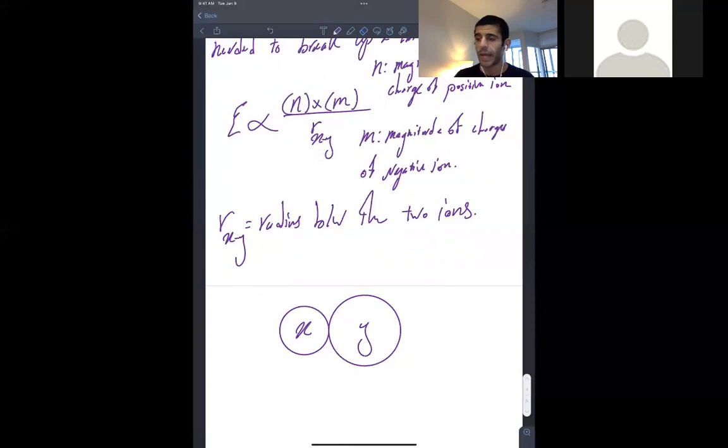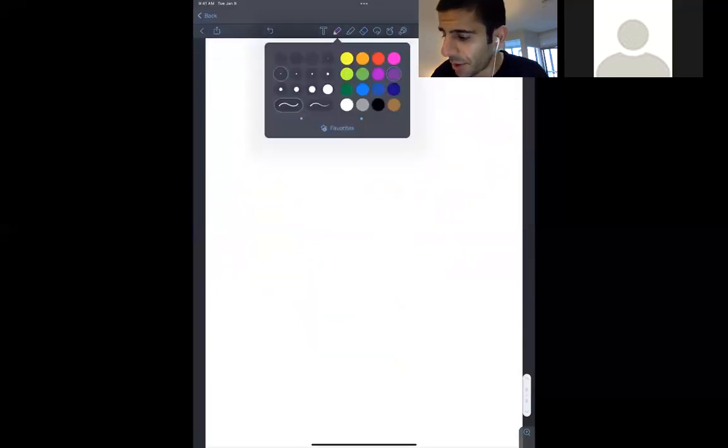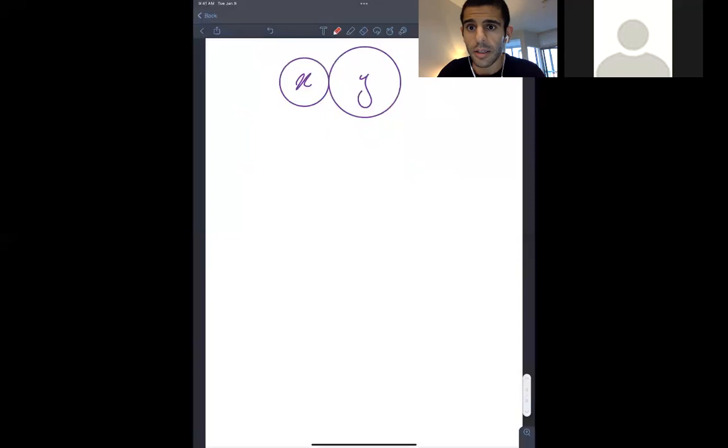Again, this is going to be by far one of the easiest questions on your midterm and final. The moment you see a lattice energy question, there are two factors we know: charges and radius.